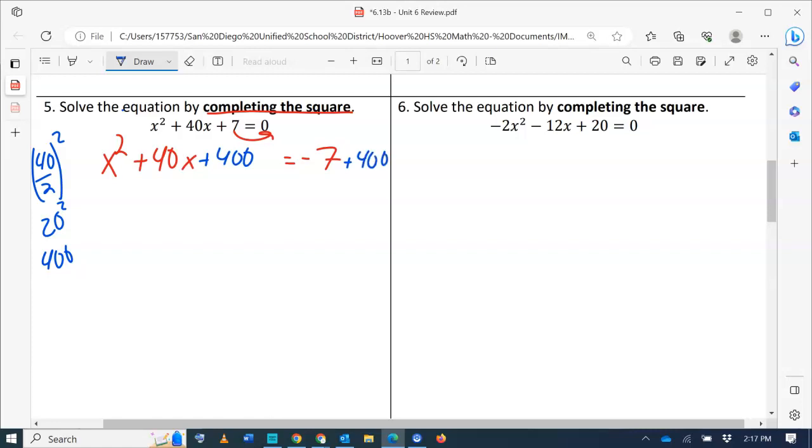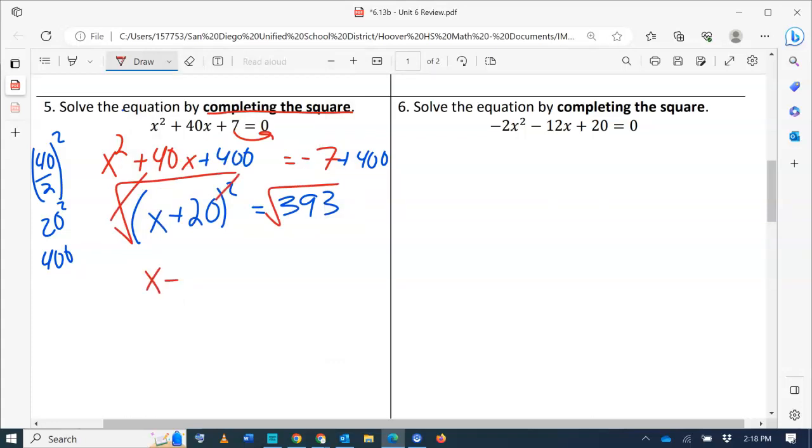Now this time we're on the other side of the equal sign. Therefore, our signs are both the same. Okay? Both positive. This becomes x plus 20 squared equals -7 plus 400 is 393. Two steps left. We need to square root both sides to cancel this out.